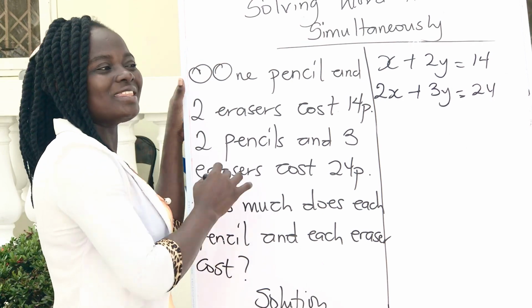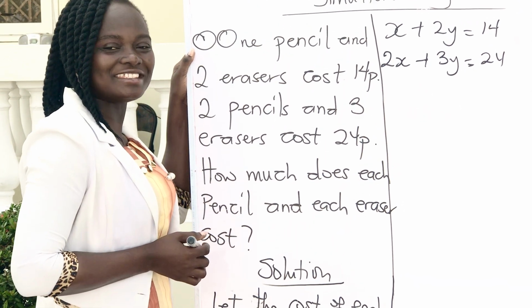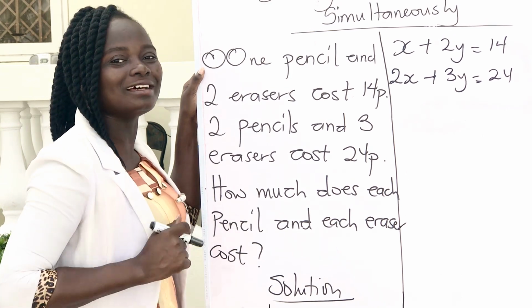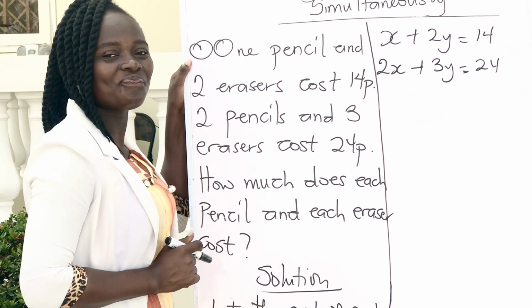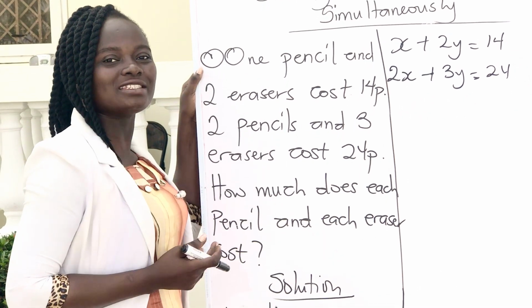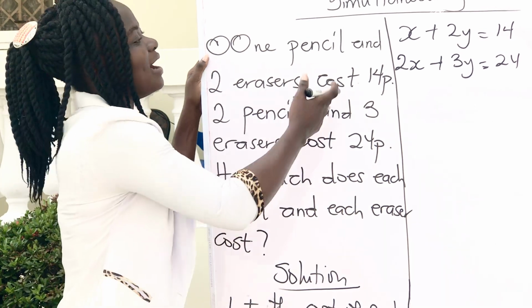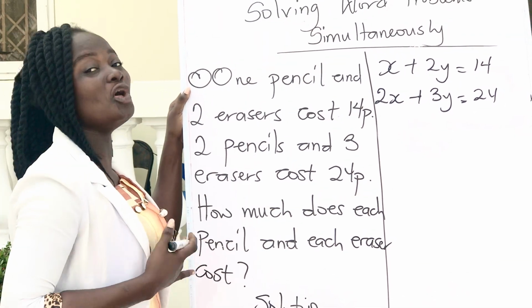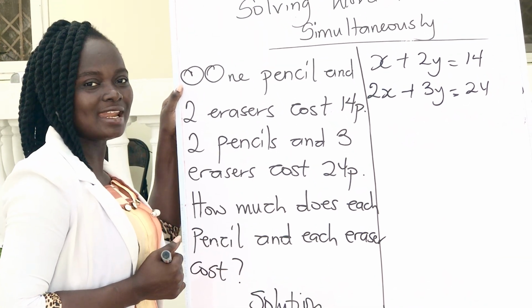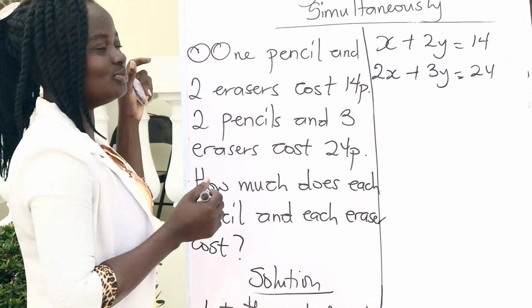As you've been able to turn this whole statement into a mathematical statement, we now tackle them simultaneously. The first thing to do, as said in our previous lesson, is to name your equations. So our first equation will be our equation 1, and the second becomes our equation 2.